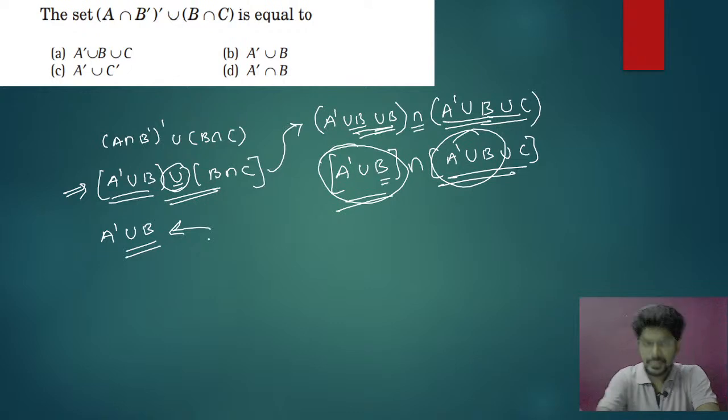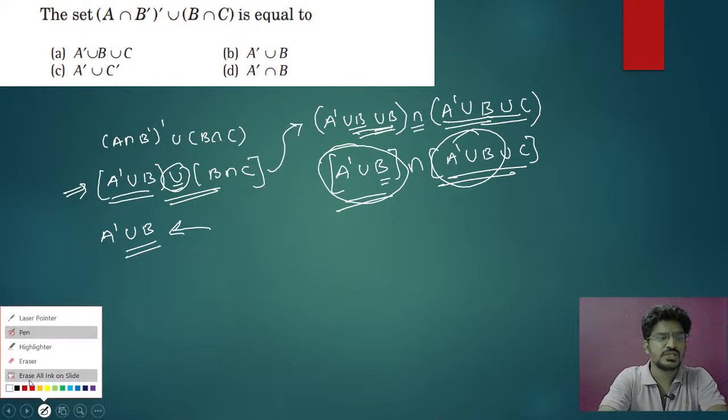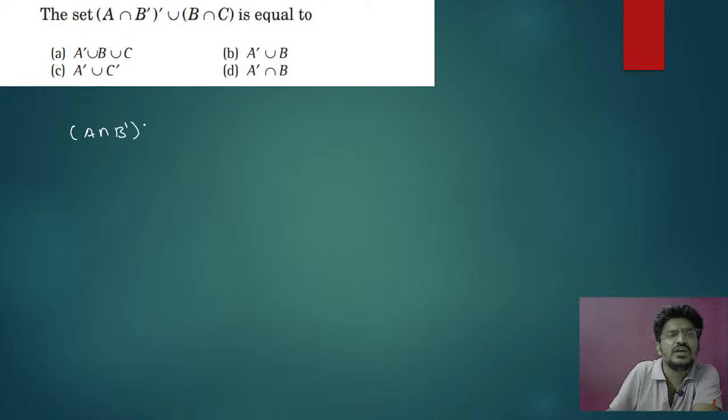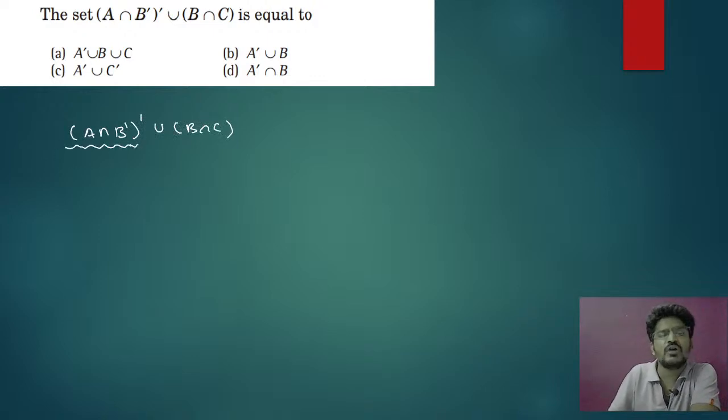Okay, no problem. See here, you understand the logic. That is (A intersection B complement) whole complement union B intersection C. Apply De Morgan's law for this. What are you going to get?